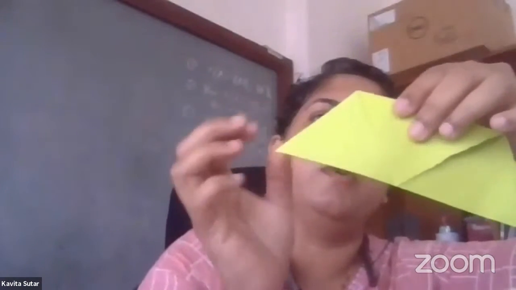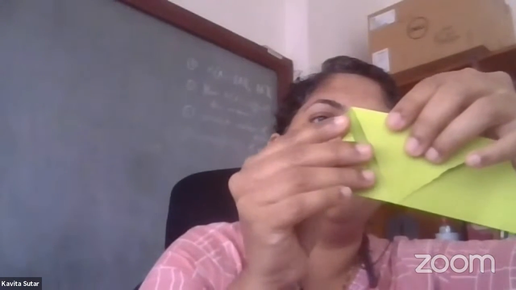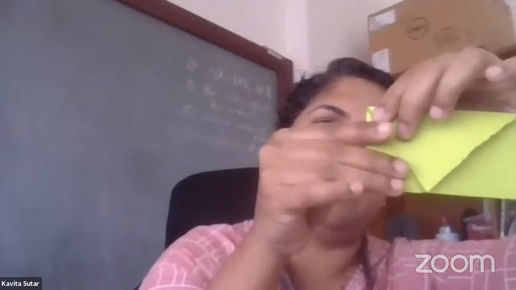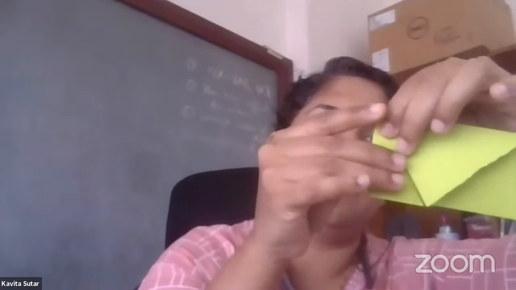Now what I'm going to do is use this midpoint and fold this edge over this one like this. So we've got that.